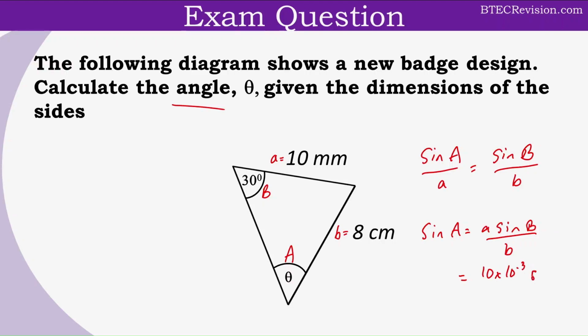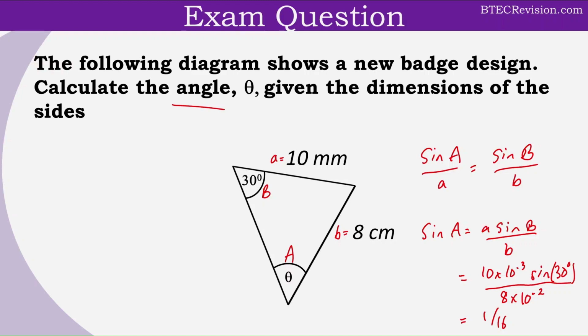And then we can times sine B, and we know that's 30 degrees. So we're using degrees, so make sure your calculator is set to degrees, and then we divide by b, and that's going to be 8 centimeters. So centi is 10 to the power of negative 2. And we get a value of 1 over 16.